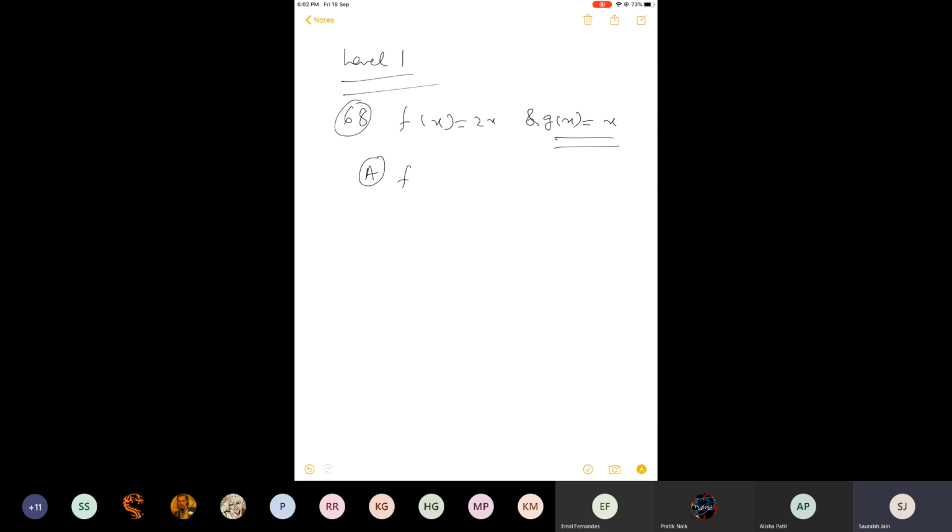Option A is f of gx. gx is x, so it becomes fx, and fx is 2x. So is it equal to gx? The answer is no, it is not equal to gx. So you have to check the other options.